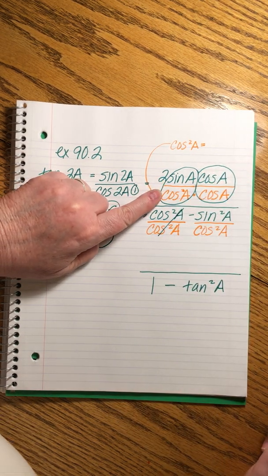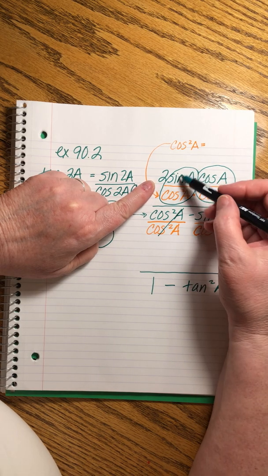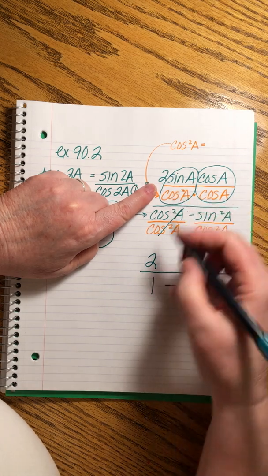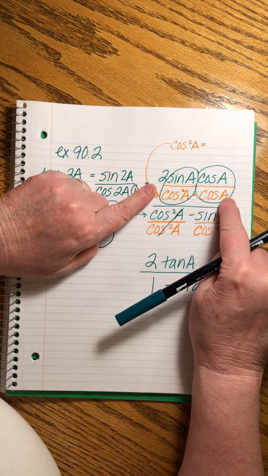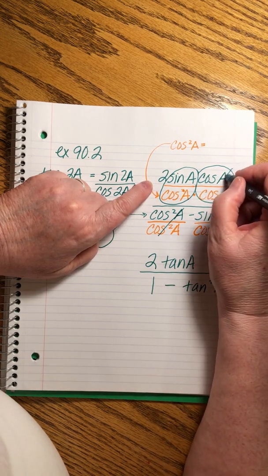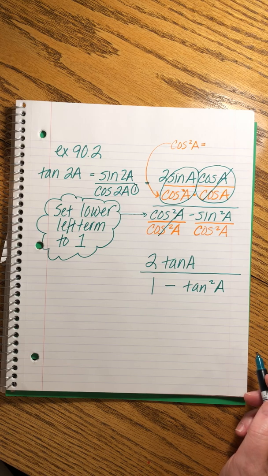So this is going to be, this will simplify. I've got 2 on the outside. Then I'll have tangent of A here. And then I'll have 1 right there. This cancels, right? I don't need it as a 1 because it's multiplying. So that cancels as well.